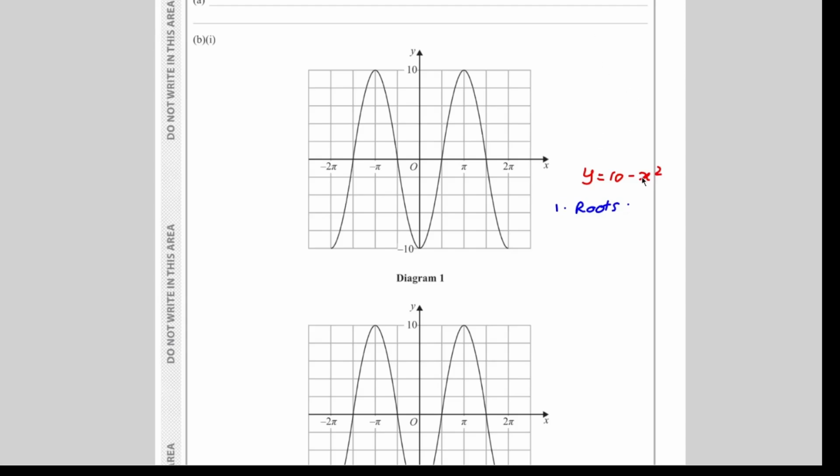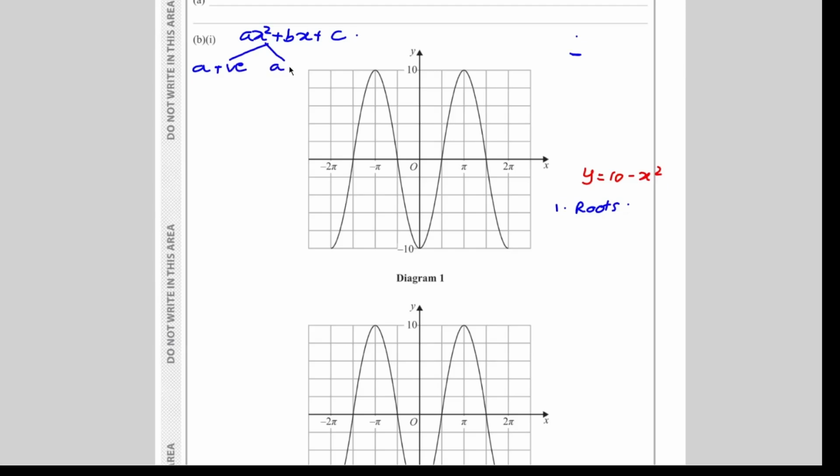Now, in front of x squared we have a minus sign. It means this is a maximum curve. Since it is negative, a is negative. Now we know that y equals ax squared plus bx plus c. If a is positive, we get a happy face.